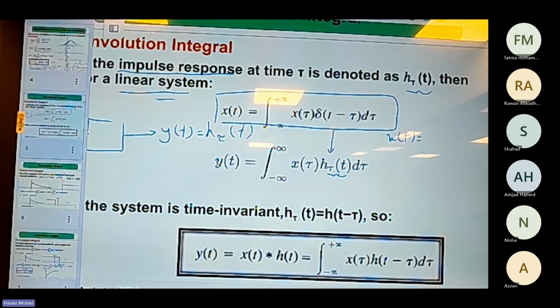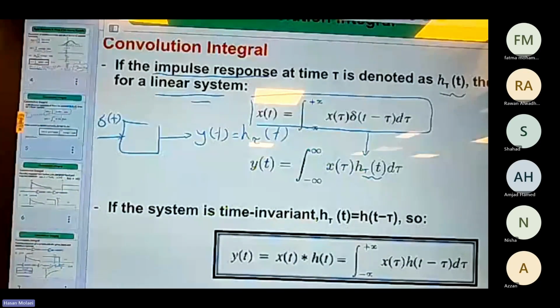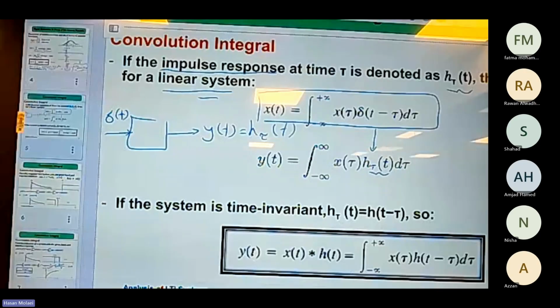Let me write it. I applied linearity for any input. Suppose x is delta. If x is delta, the output would be h(tau, t) delta(tau).